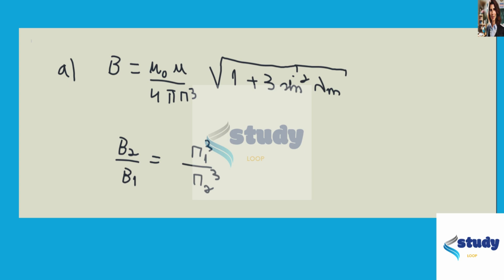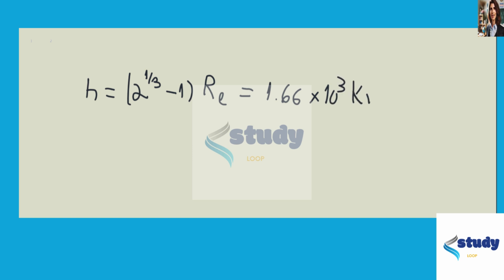We set r1 equal to the radius of the Earth and r2 equal to the radius of the Earth plus some distance h. So this equation becomes 1/2 equals the radius of the Earth cubed divided by the radius of the Earth plus h cubed. And we can solve for h to find the distance.